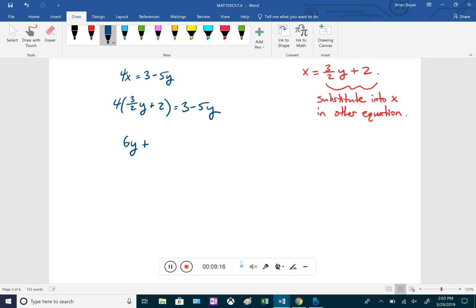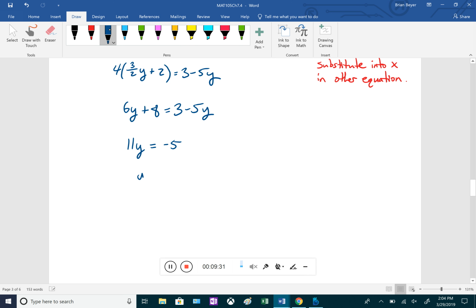That's 6y plus 8 equals 3 minus 5y. I'm going to add 5y to both sides, and I'm going to subtract 8 from both sides and get 11y equals negative 5. Lastly, I'm going to divide both sides by 11 and get y equals negative 5 over 11.